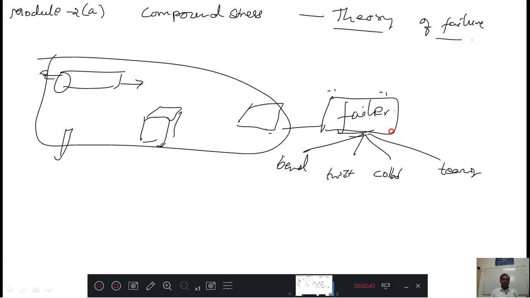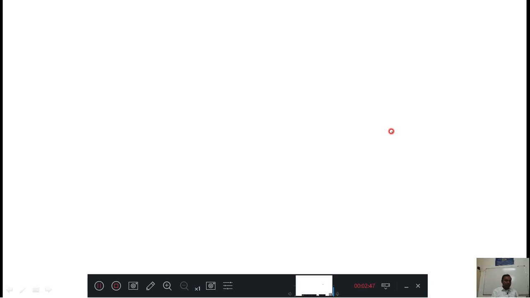To analyze that, we have a chapter that is called the theory of failure. But for your UG syllabus, we are not going deep into this theory of failure. Actually speaking, in this theory of failure, we have 5 theories. First we'll name them, what all theories we have. The first one is maximum principal stress theory.